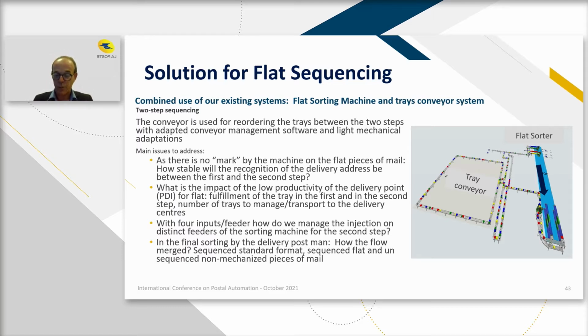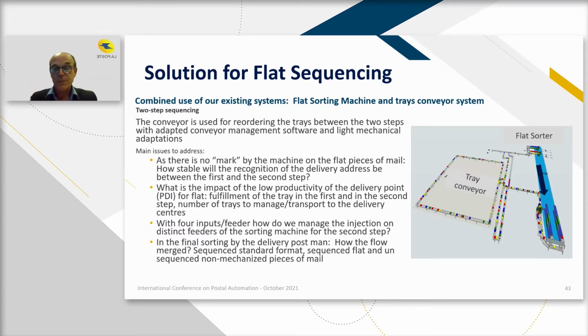We have a kind of feedback loop on this conveyor, and we are able to re-inject the trays when they have been sorted 1 time. So the idea is to use this conveyor to re-inject the trays for the second step, and in doing so, we will be able to try to sequence.